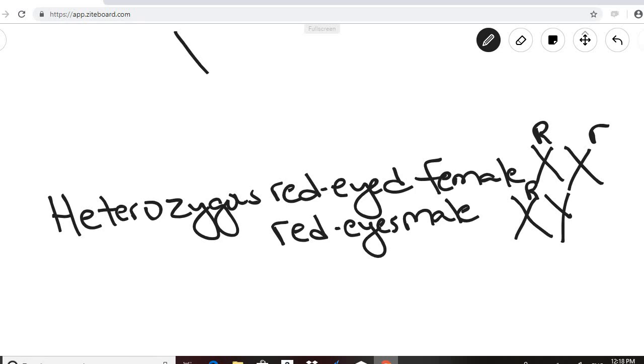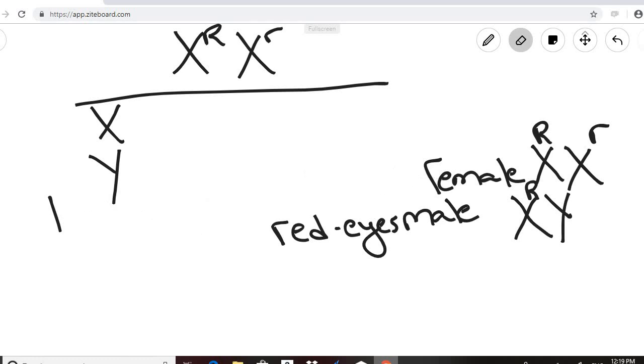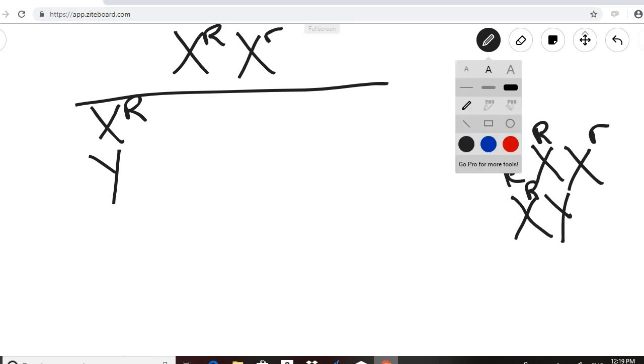So the female would be this, and the male would be an X and a Y. The male would have the dominant allele on the X, but he would have nothing on the Y. Okay, so then we can draw the Punnett square to determine what the offspring would look like.